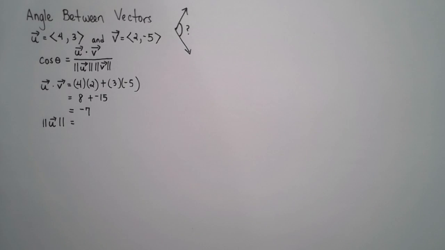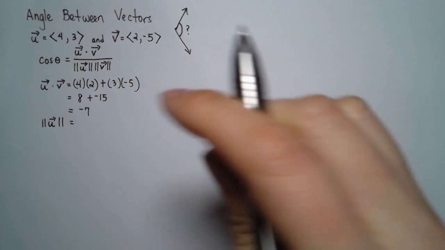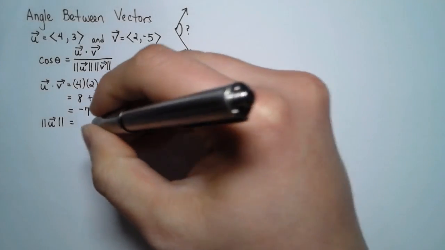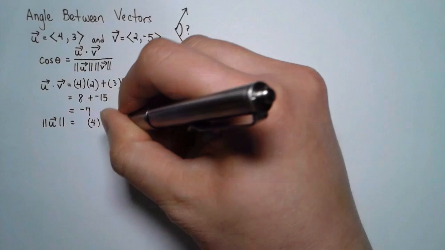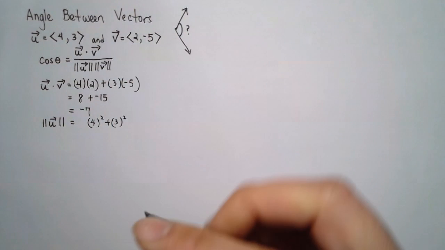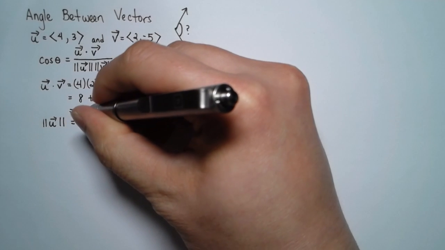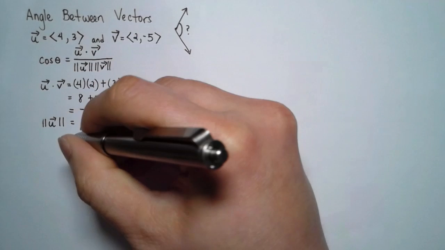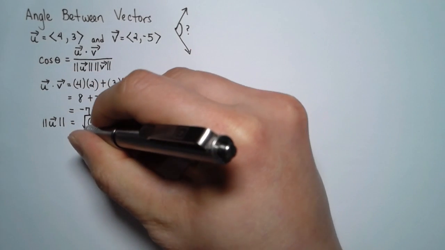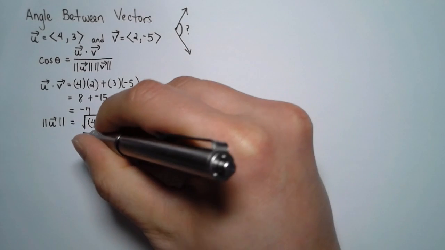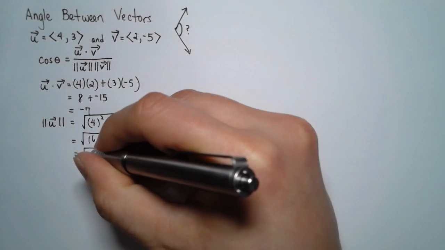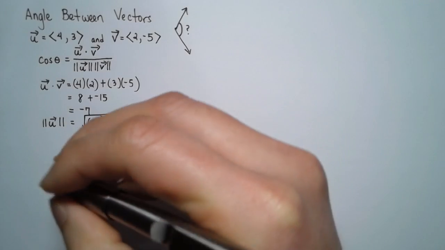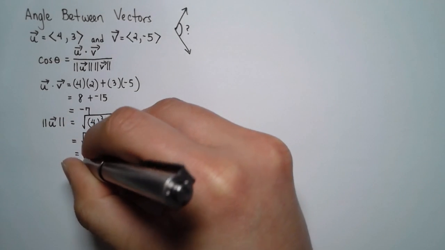And the Pythagorean theorem for this is just going to be 4 squared plus 3 squared, and then we're going to add them together and take the square root, and we end up with the square root of 16 plus 9, which is the square root of 25, which is 5.